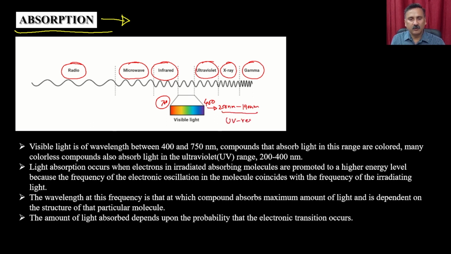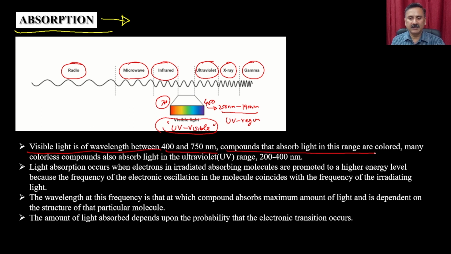Okay, so the UV region can also be used for photometric assays. So the UV visible range of the spectrum can be used for all the photometric assays. Visible light has a wavelength between 400 and 750 nanometers.